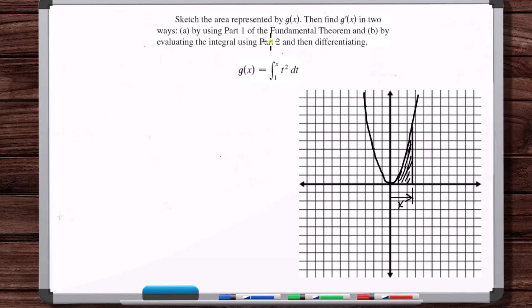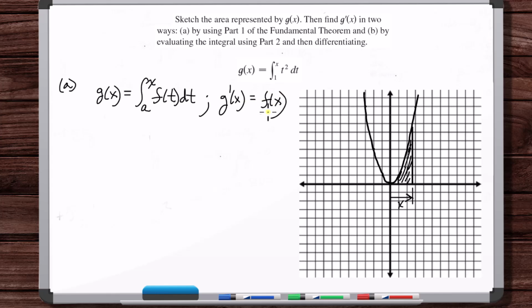First, by using part 1 of the fundamental theorem. What the fundamental theorem, part 1, states is that if you have g of x is equal to the definite integral from a to x of f of t dt, then g prime of x is equal to f of x.